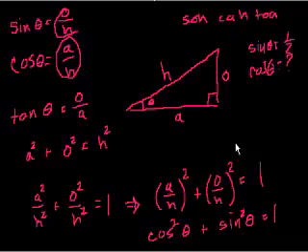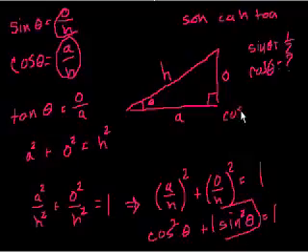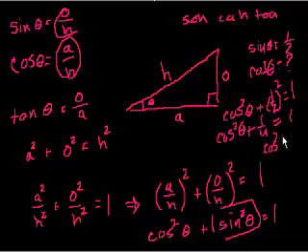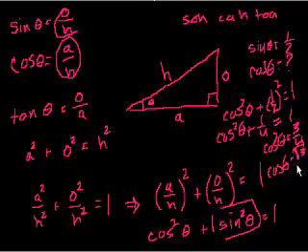Well, I know the sine of theta is 1/2, so I would say cosine squared of theta plus 1/2 squared is equal to 1, right? So cosine squared theta plus 1/4 is equal to 1. And so we have cosine squared theta is equal to 3/4, or cosine of theta would be the square root of this, right? We just take the square root of both sides. So it would be the square root of 3 over 2.